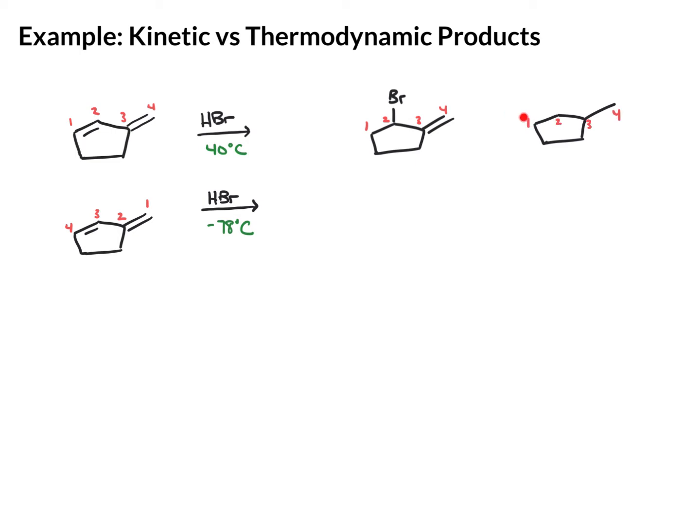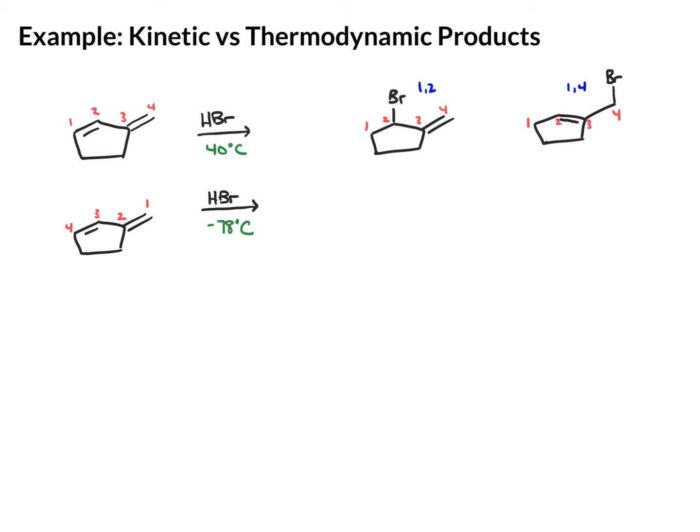The hydrogen will add here. I'm not going to draw it in. The Br will add to carbon 4. And then, because of resonance, the double bond moves between 2 and 3. Okay, so let's label these. Here's a 1,2 product. Here's a 1,4 product.